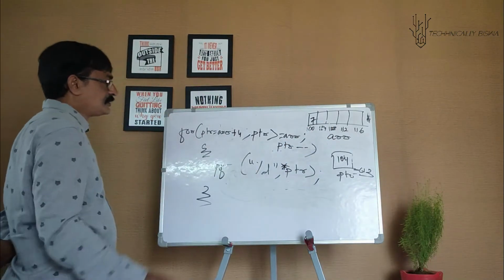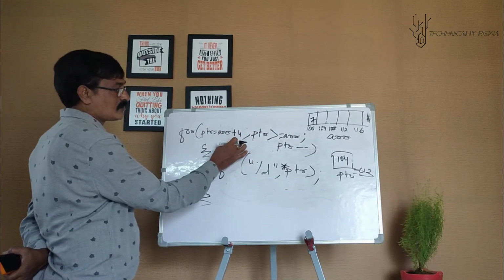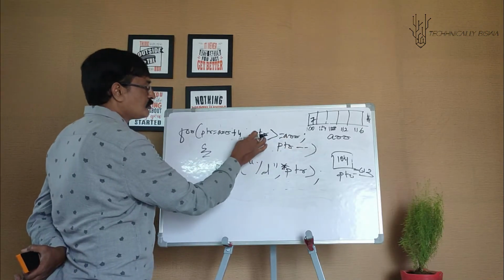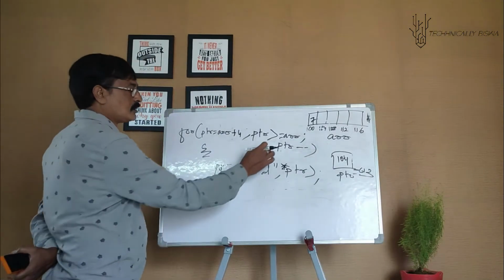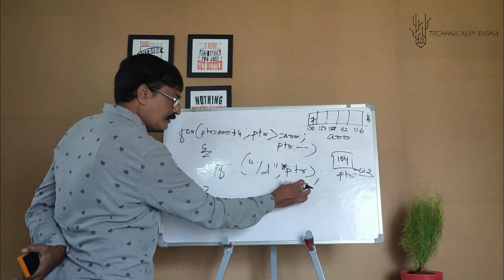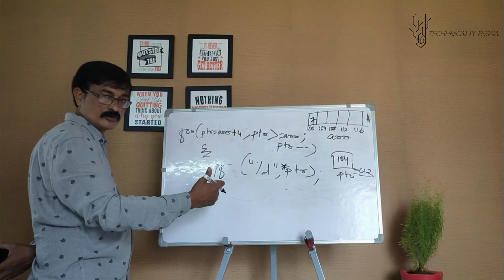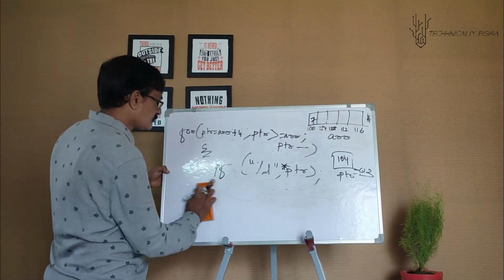That's how we print. Look at this: ptr initially has the address 116. Greater than equal to ARR will give you what? A checking which will be 116 greater than equal to 100. True? And every time you print a value, after that ptr minus minus, ptr will get an address 112, 108, like that. Got this, friends?